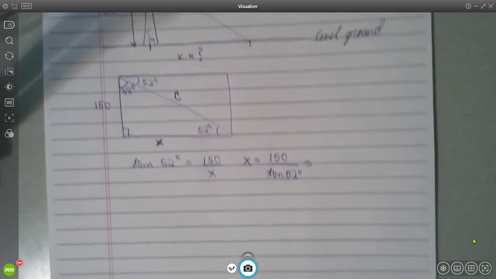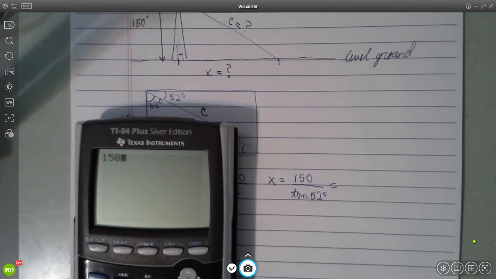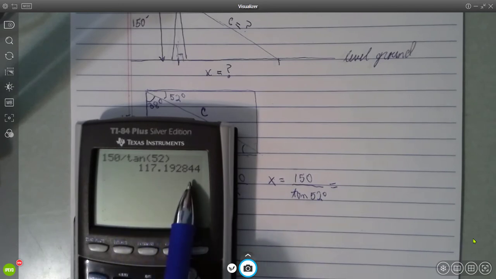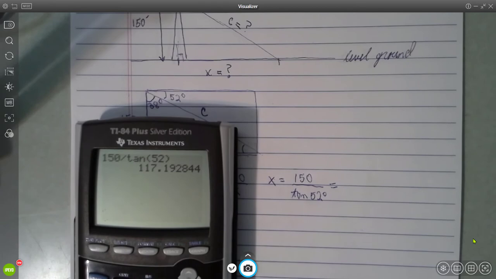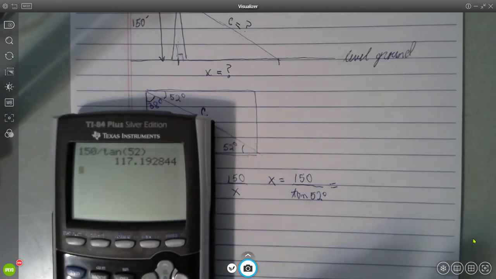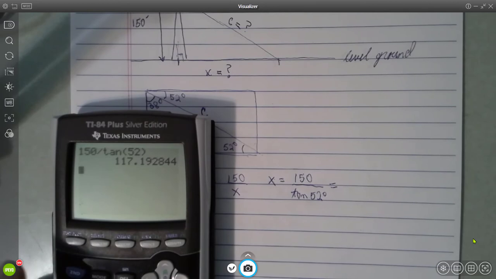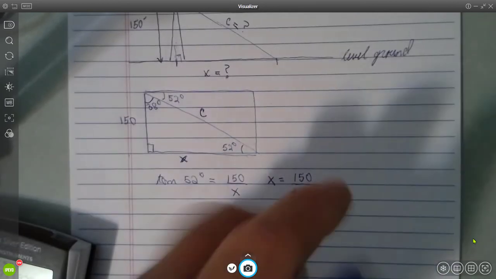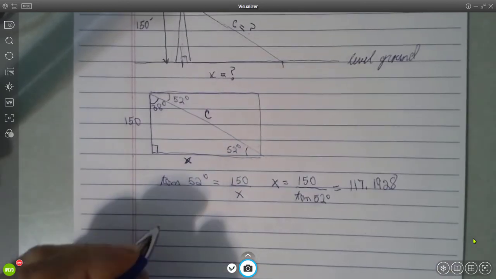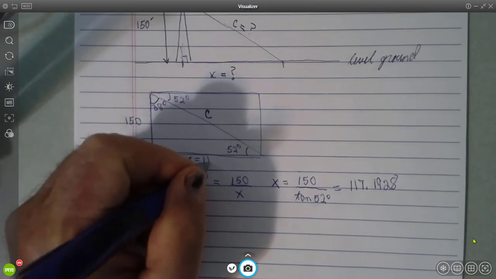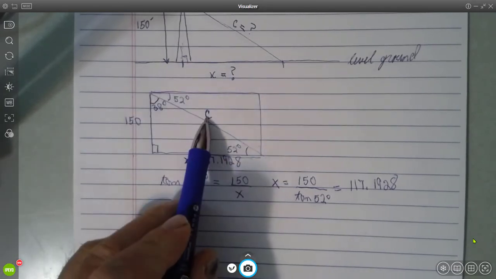And this now becomes a calculator problem. I've got 150 divided by the tangent of 52 degrees, and this is approximately 117. Now we're going to carry several digits so that we can use this calculated value later on without introducing too much round-off error. So we're going to take this to be 117.1928.